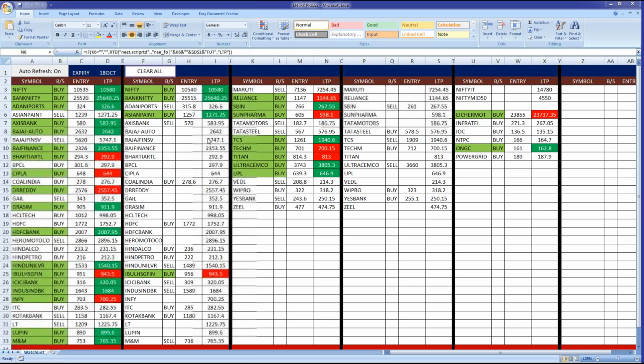Now I have some fresh calls like L&T. My initial trend was a sell call here, but I have gotten a fresh call that's got generated, sorry, it's a buy call.